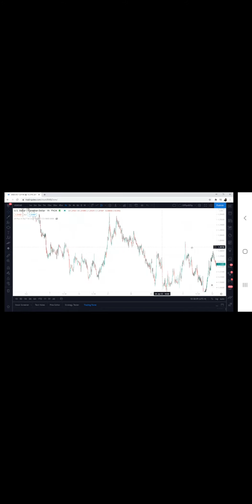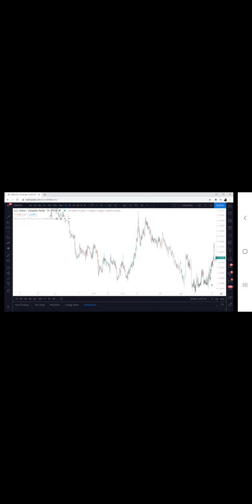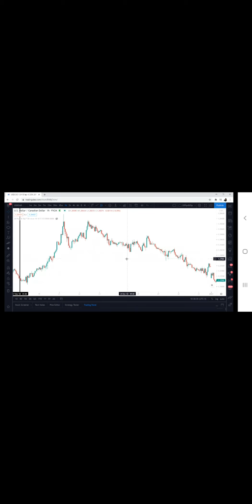I'm gonna go back to December of 2020. Okay, so from this point forward, we'll draw some trend lines all the way up until current market.